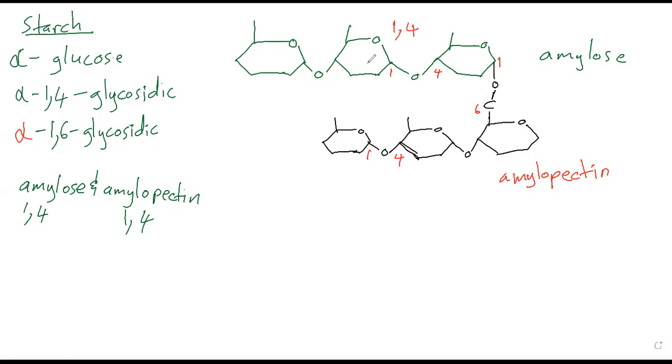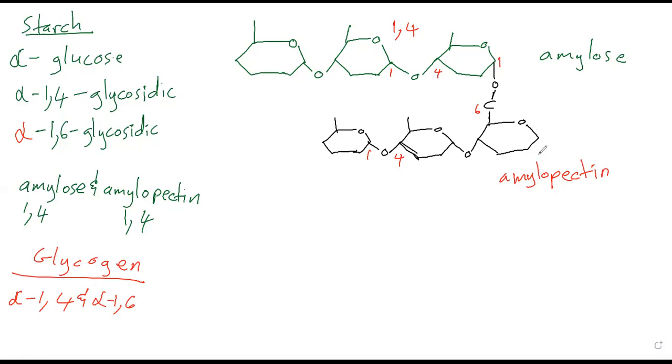And we are going to draw this again for glycogen. Starch and glycogen have the same 1,4 and 1,6. However, glycogen is not made up of amylose and amylopectin. Glycogen has alpha 1,4, just like starch, 1,4 and 1,6, but we don't say amylose and amylopectin.